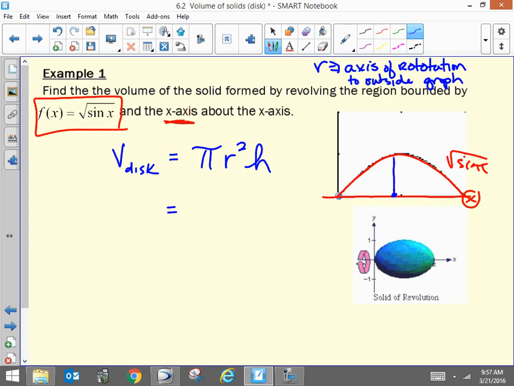So this right here is my R. Okay, it always starts, and technically, even more specific, is going to be perpendicular to the axis of symmetry, the R, okay? So what is my R?